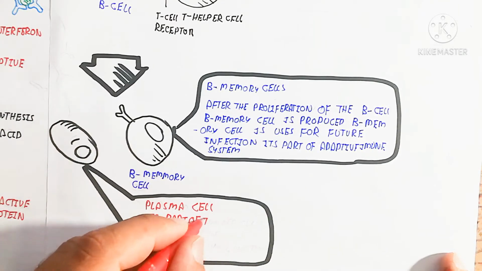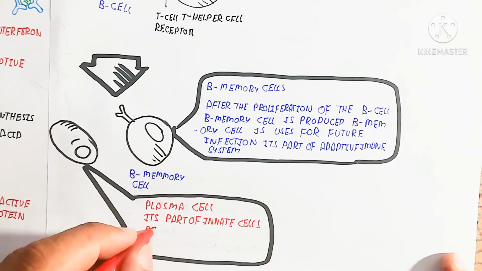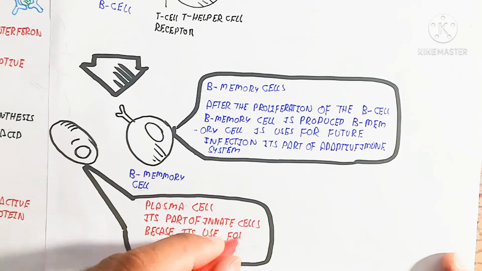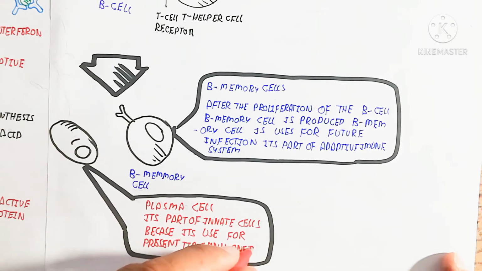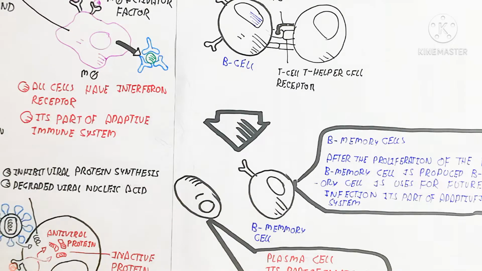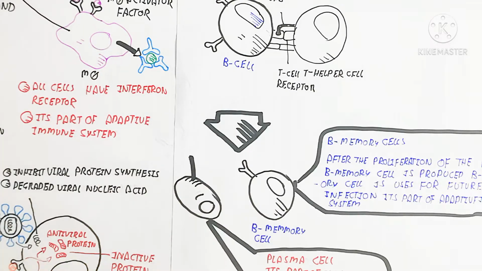The plasma cell produces antibodies at the time of infection, which cover the antigen and give the signal to the macrophage to engulf it.